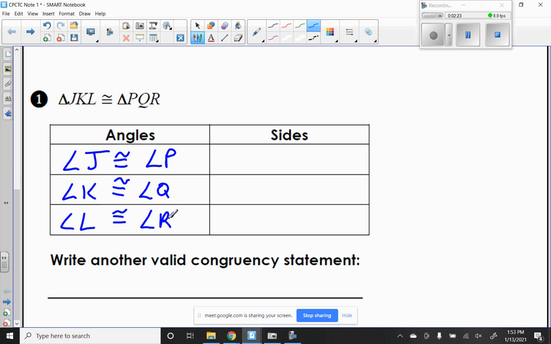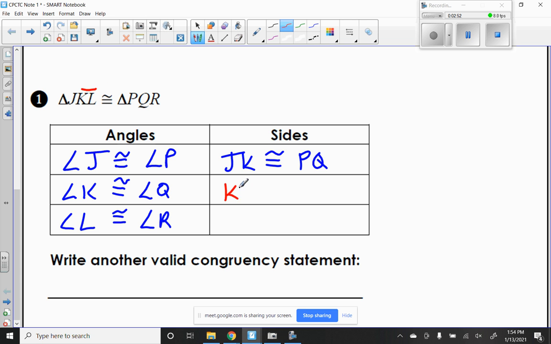Sides. The first two letters make a side. JK is going to be equal to the first two letters on the second one, PQ. So those sides are equal. KL are the second two set of letters.